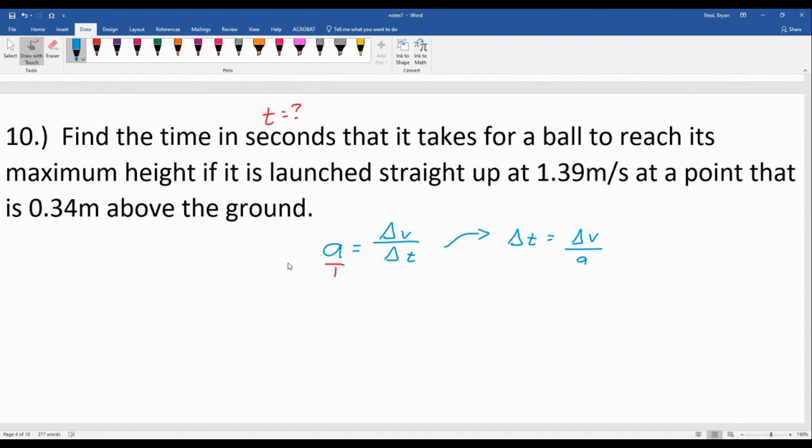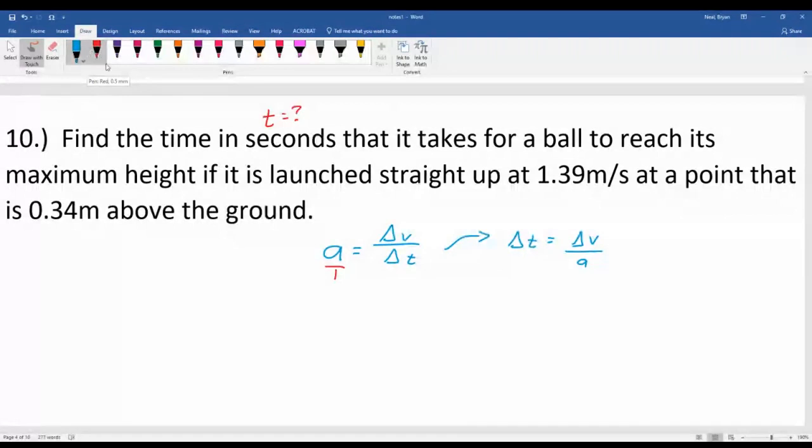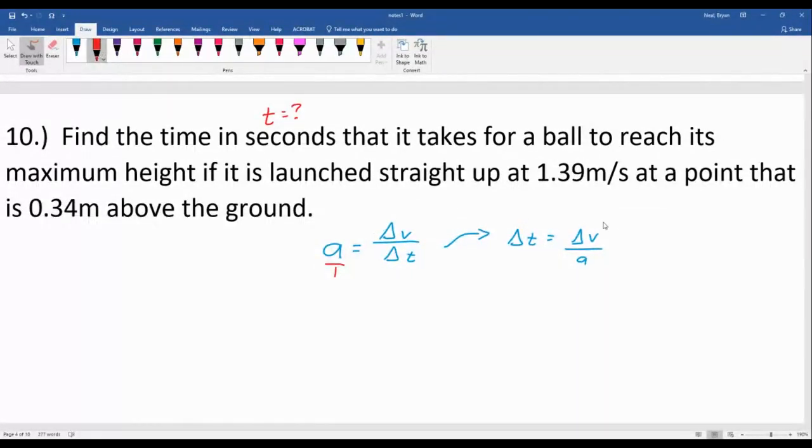And that's because its vertical velocity goes to 0 before it turns into the other direction. And so we've actually got something similar to the last one, question 9, even though it didn't initially seem like it. But we've got some velocity, and then we want to see what happens when it gets to 0.